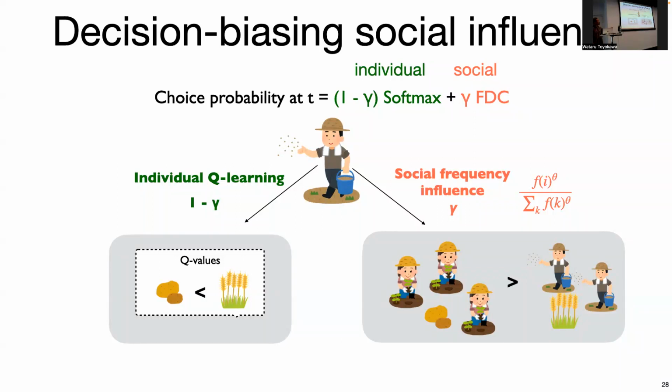These two terms, the individual term and the social term, are weighted averaged, and this gamma value controls the weight toward social frequency information. The larger the gamma, the more likely his choice probability is to be influenced by social info. But the smaller the gamma, the more he's an asocial learner.